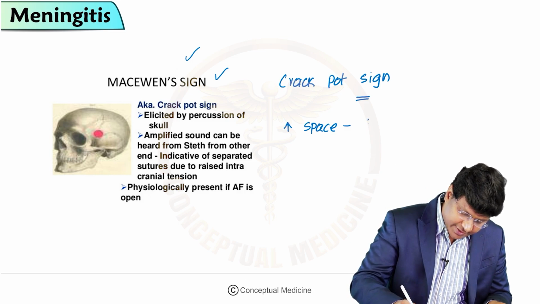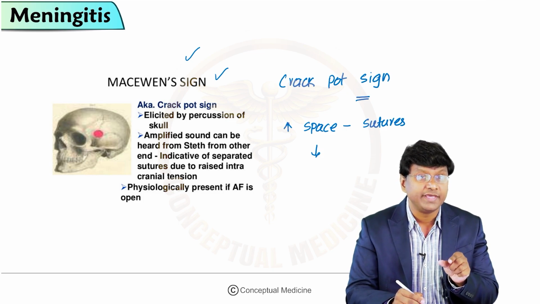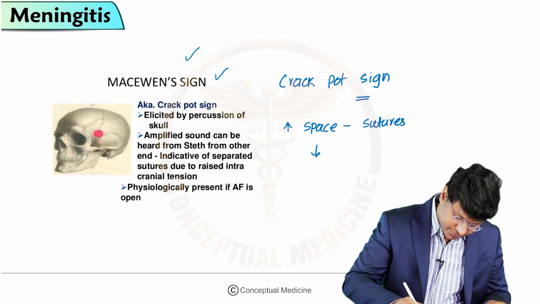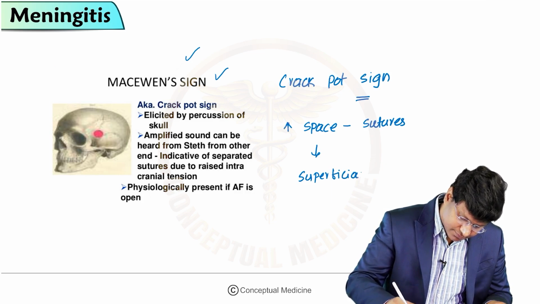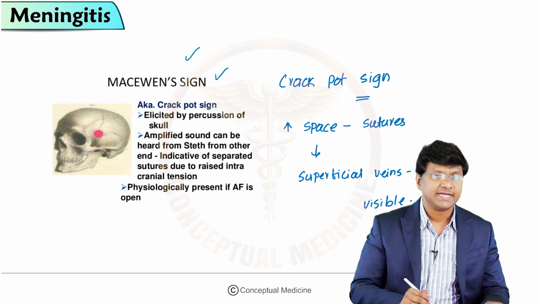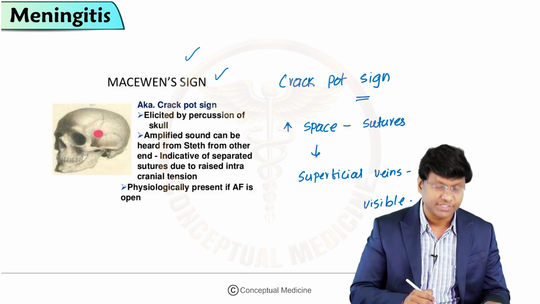What can you observe? Superficial veins are visible. That is called the Macewen sign or the crackpot sign.